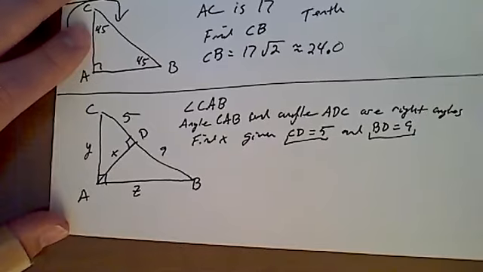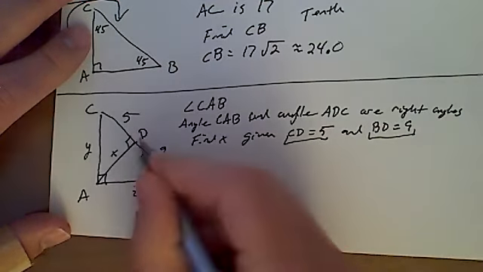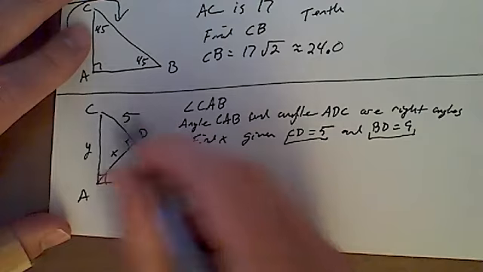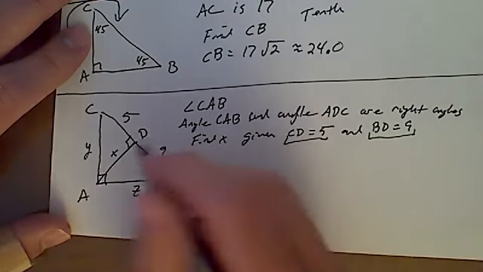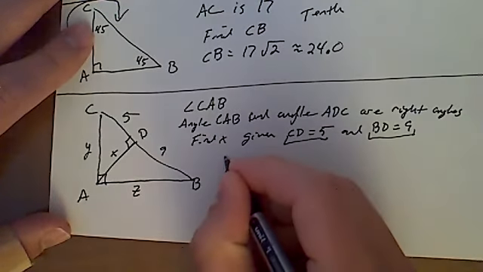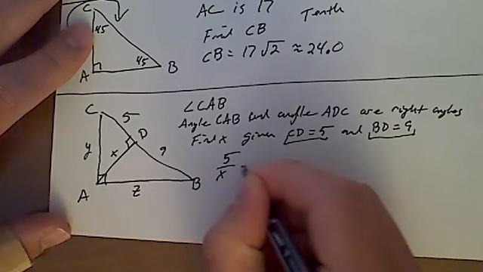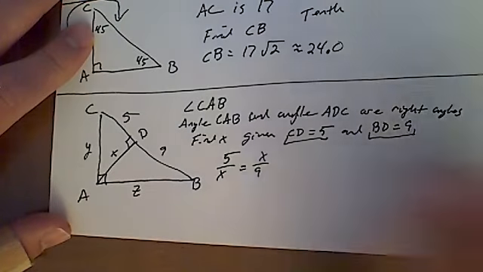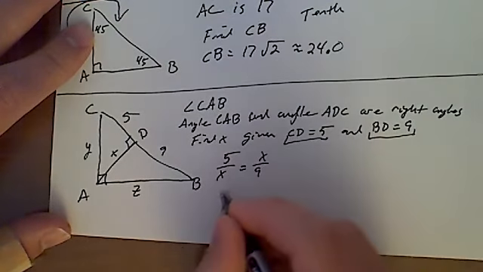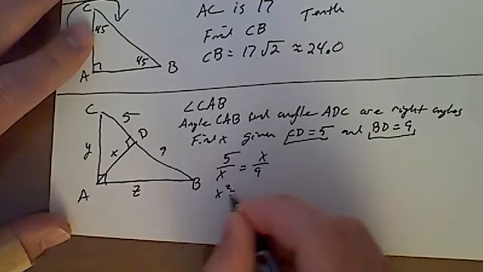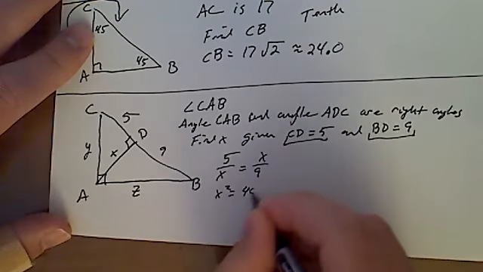This is the geometric mean altitude theorem. So we have the altitude of X. The two numbers that are here form a geometric mean with the altitude. That is 5 over X equals X over 9, or X squared equals 5 times 9, which is 45.